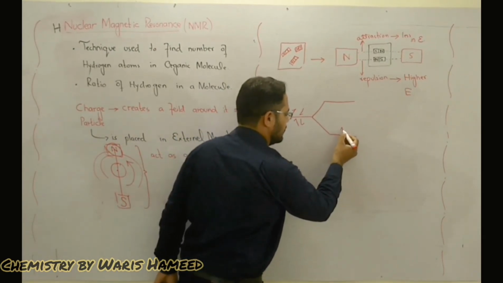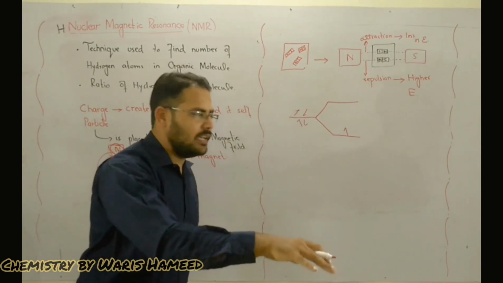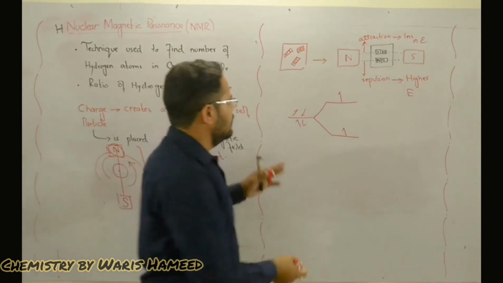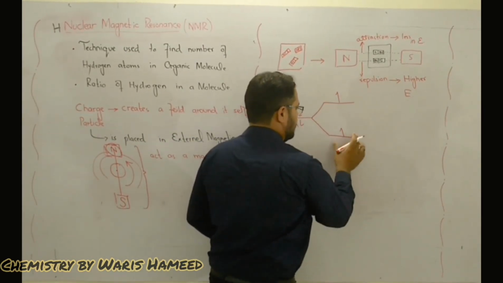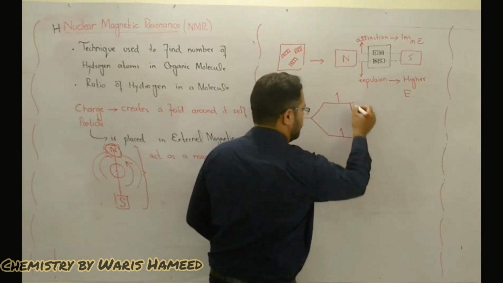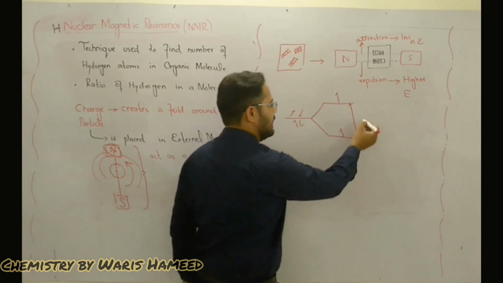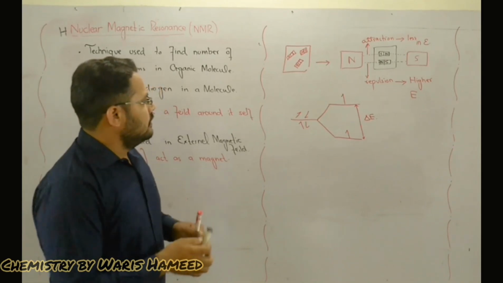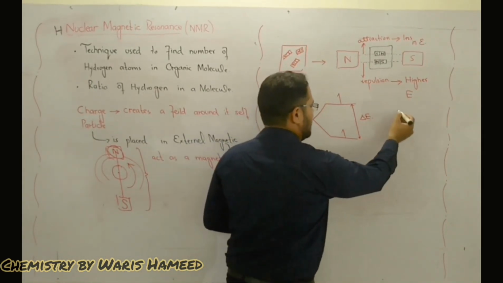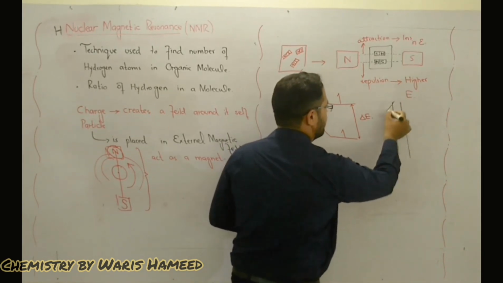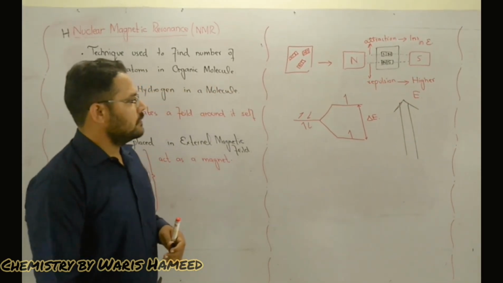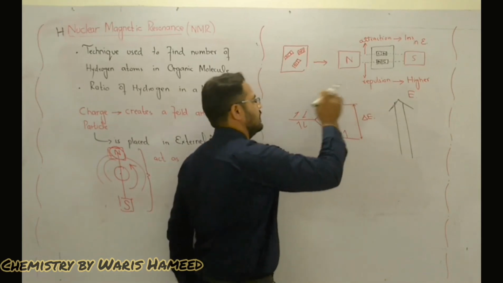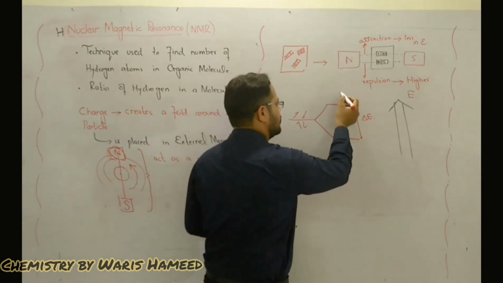First are those which are less in energy, and second are those which are higher in energy, and the energy gap between these two energy levels is delta E. Now if I place the external field, then this energy level is with the field and this energy level is opposite to the field.